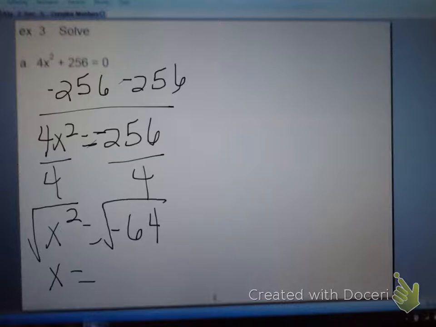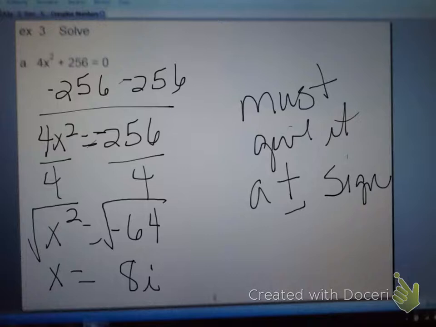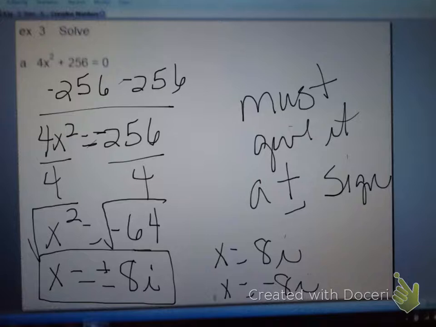The square root of negative 64 is 8i. Now, anytime you are solving an equation and you are taking the square root, you must give it a plus or minus sign. So it's a plus or minus, meaning positive 8i and a negative 8i. There are your two answers, positive 8i and negative 8i. But normally the way we write it is just plus minus right underneath.